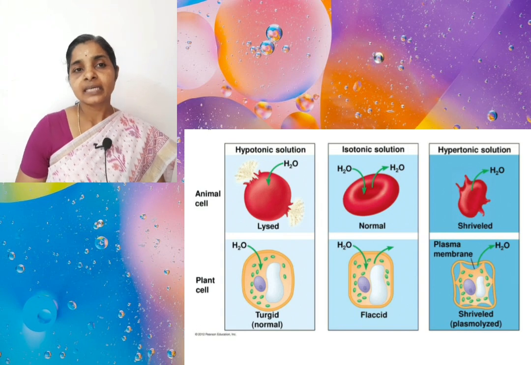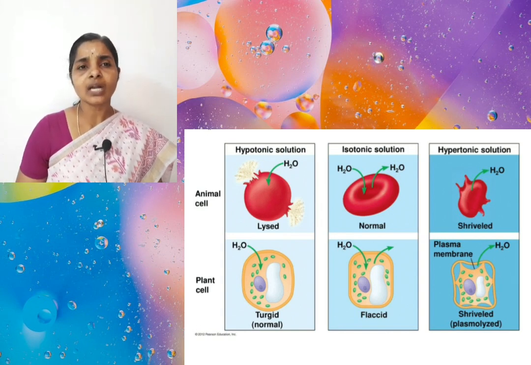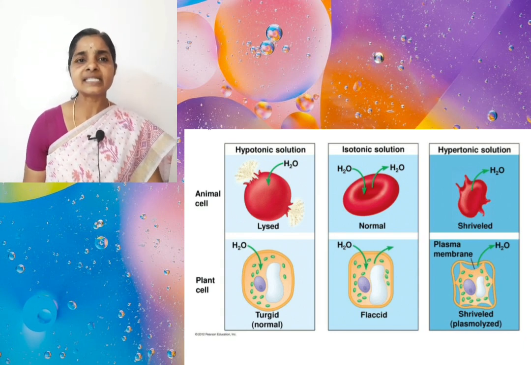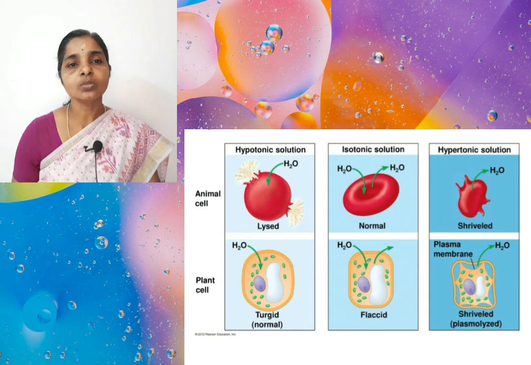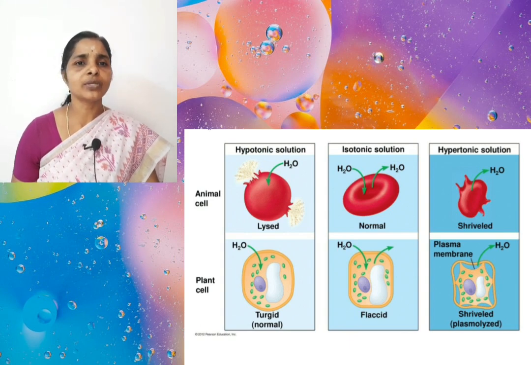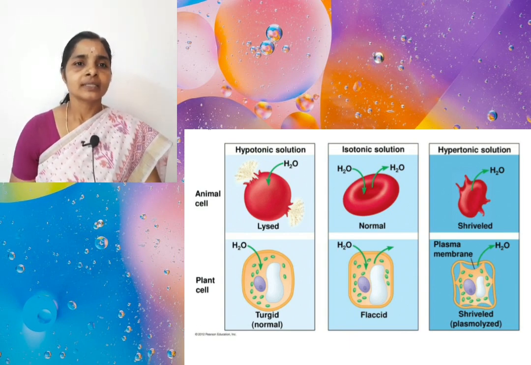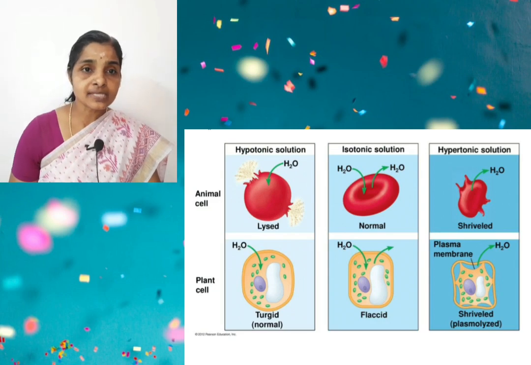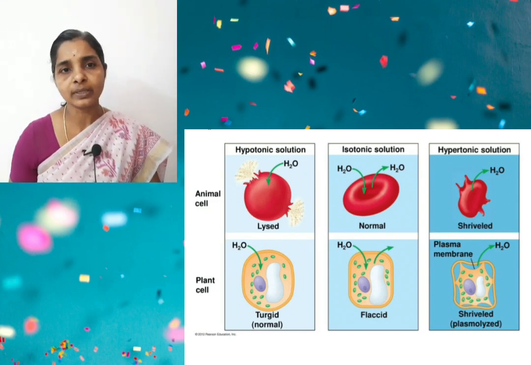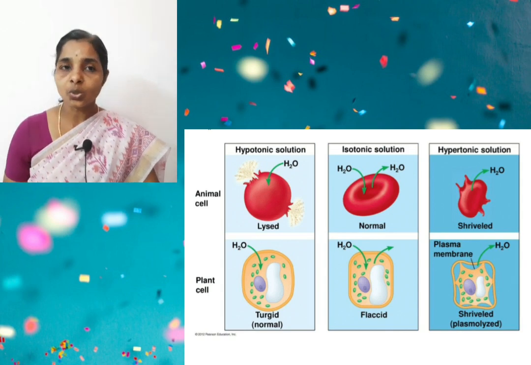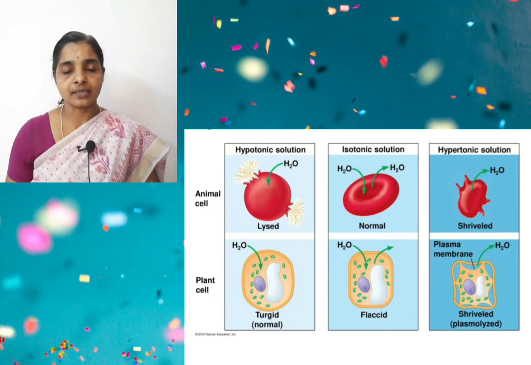There is no overall movement of water because the concentration of water inside the cell and outside the cell are the same. Then the size of the cell remains the same because there is no movement of water. So, that is the isotonic solution and the size of the cell.